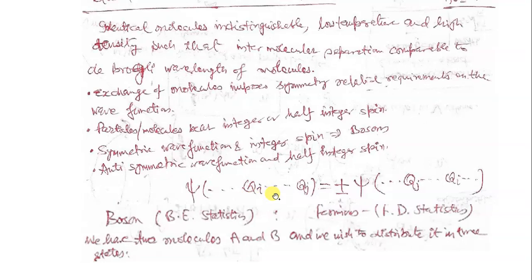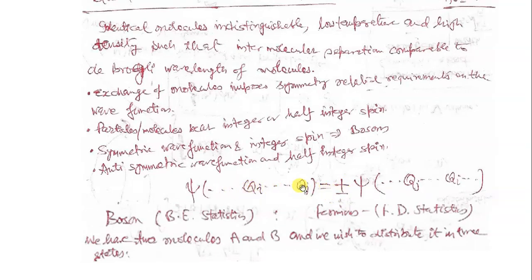If you exchange the positions of two molecules, say the position of the ith molecule, qi, and the position of the jth molecule, qj, you will have another state, psi, where the ith position is now acquired by the jth molecule and the jth position by the ith molecule. So exchanging the positions of these two molecules will lead to a wave function. Either this wave function may be positive, or it may be negative.